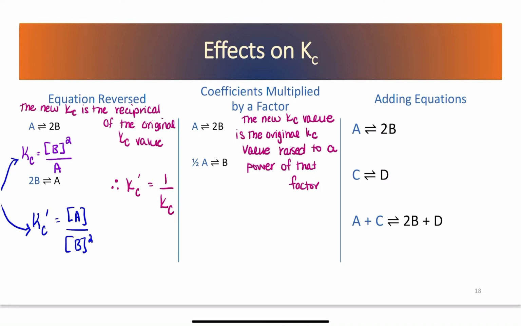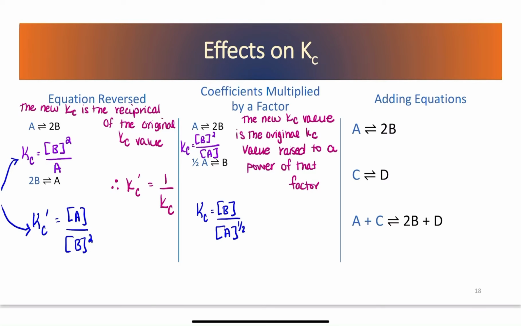So here, A in equilibrium with 2B. Again, we just wrote this next to it, but let's go ahead and write it again. This would be equal to the concentration of B squared divided by the concentration of A. But what if I divided through this reaction by 2, or that's the equivalency of multiplying by 1/2. If I multiply through this reaction by 1/2, I get 1/2 A in equilibrium with B. Now my Kc expression is equal to B divided by the concentration of A raised to the 1/2.